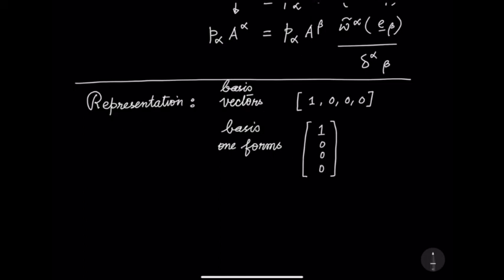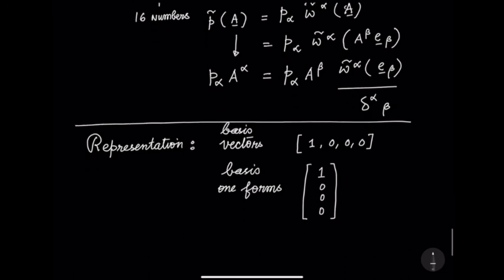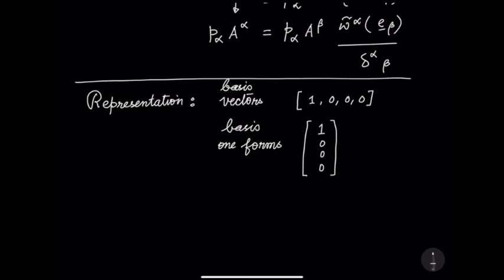And then this operation essentially now means matrix multiplication. I'm not doing it for you here, but it will be of this form: the column matrix following the row matrix.